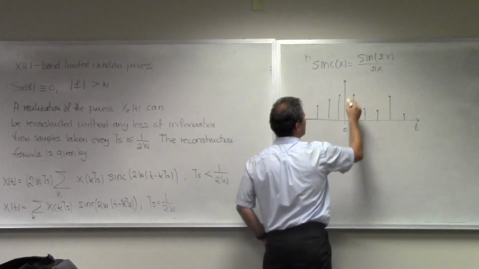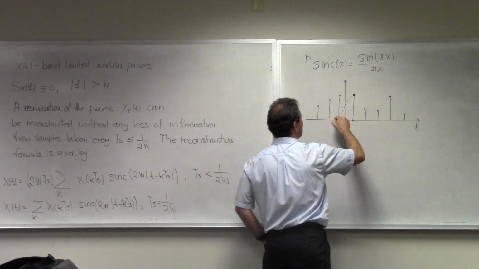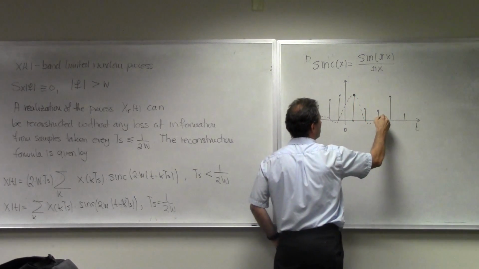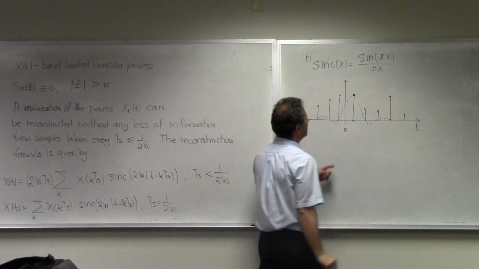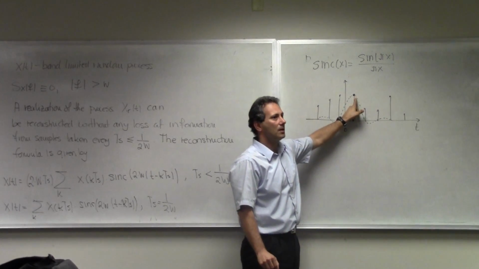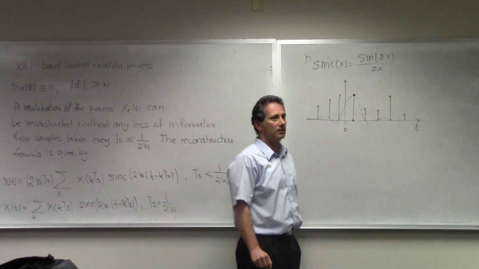It says, okay, this is your sample point. Put the sinc on that point, and the sinc would look like this, associated with this particular point. Notice one thing: it is equal to 1 at that particular sampling point, and it's 0 at every other sampling point, so it's not impacting any other point.